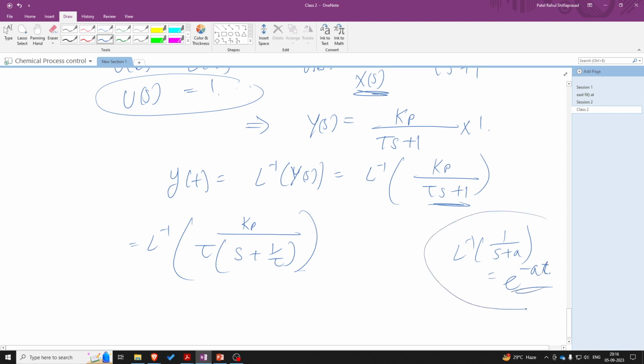So using this inverse Laplace formula, we can find the response of this first order system for this impulse input as, Kp and tau are constant, and corresponding to this 1 upon s plus a, it will be e raised to minus at, and in our case a is 1 upon tau.